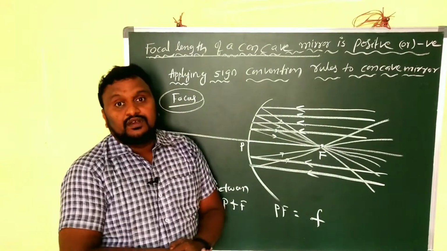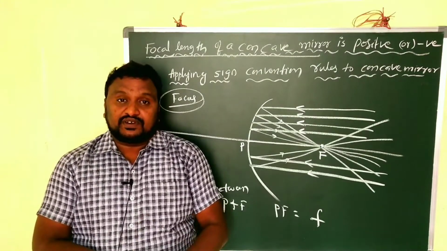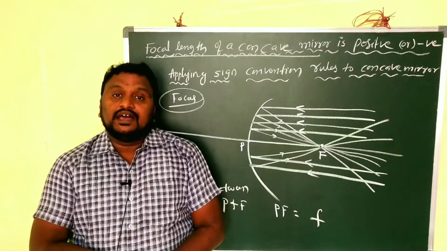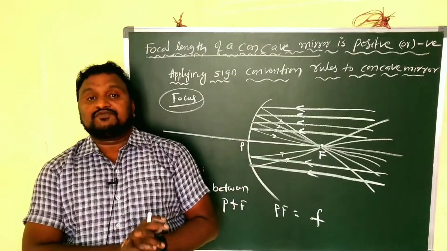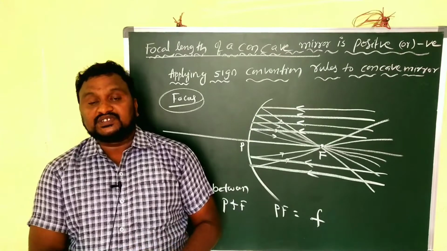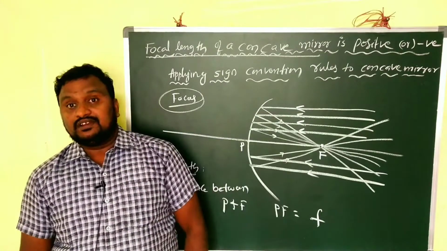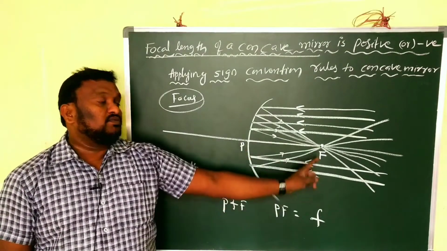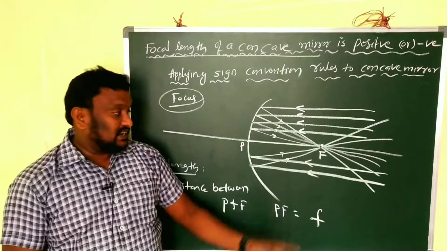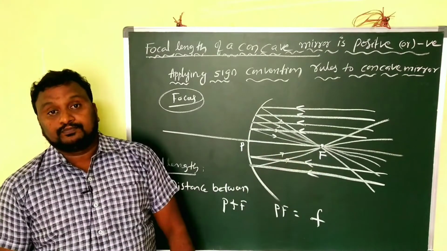According to the first rule of the sign convention, all distances must be measured from the pole. That's why while writing definitions you have to take care of that. In the definition of focal length you say distance from pole to focus, not focus to pole.